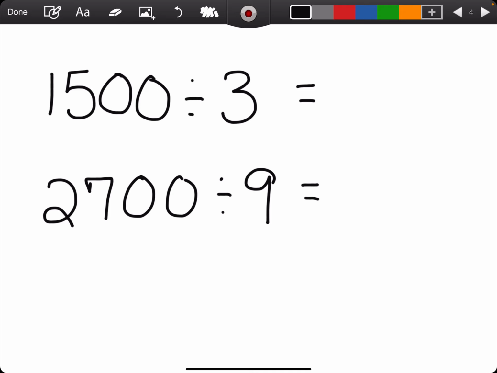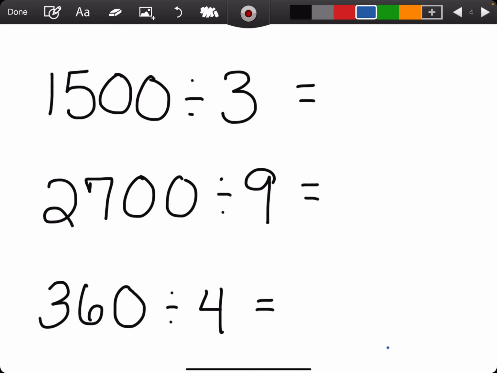Or, let's change it, 360 divided by 4? Any of those problems. And that is going to be the first part of your quiz. So let's practice with that.